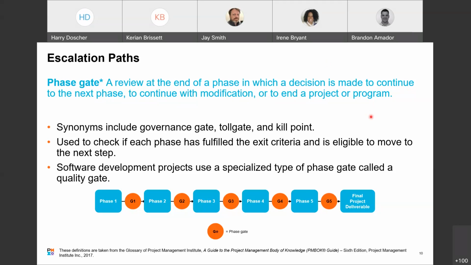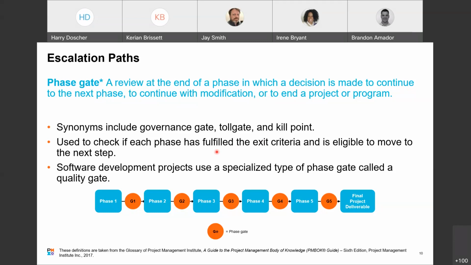But you'll hear other things than phase gate. You can hear governance gate, toll gate, and kill point, all the same thing. And what you use the gate for is to check to make sure that all of the exit criteria from the previous phase have been satisfied and that all the entrance criteria for the next phase are satisfied. Okay. And they say the software development projects use a specialized type of phase gate called a quality gate.